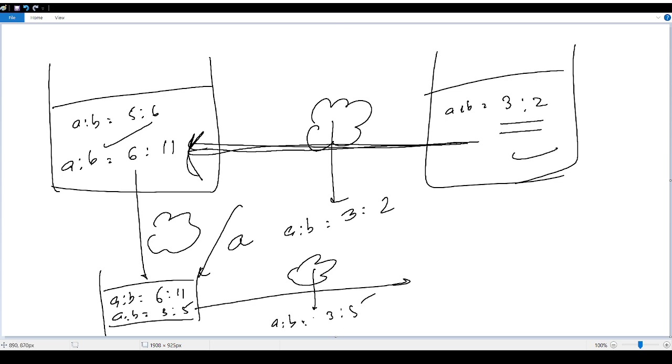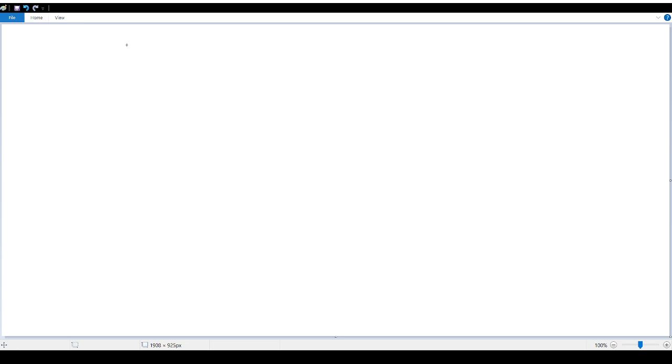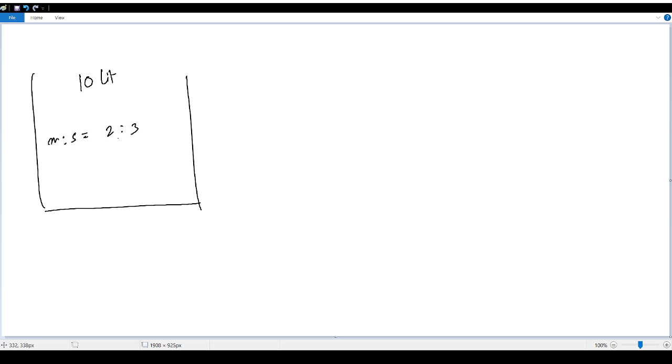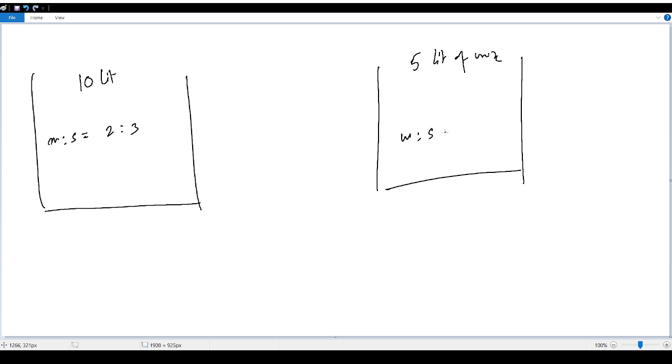So what I mean to explain from here is, okay, let's say the first container, this is a container, it has 10 liter of mixture, milk is to syrup is 2 is to 3, for example, and this is another container which has 5 liter of mixture and it has milk is to syrup in the ratio 3 is to 2.